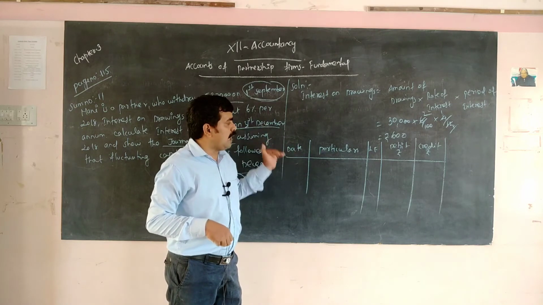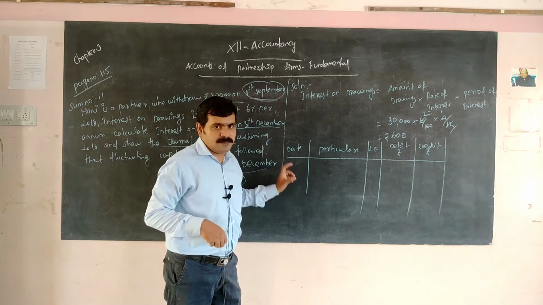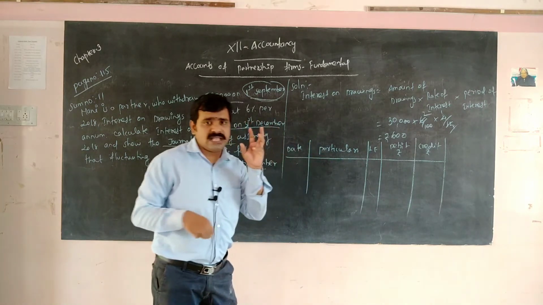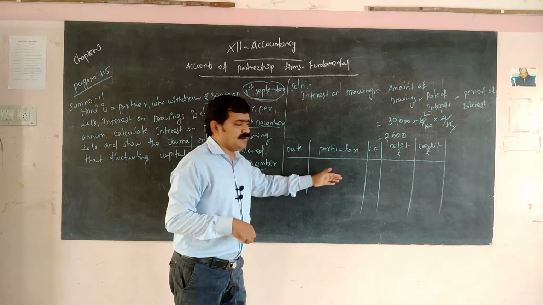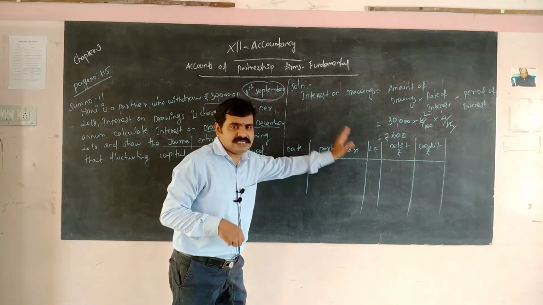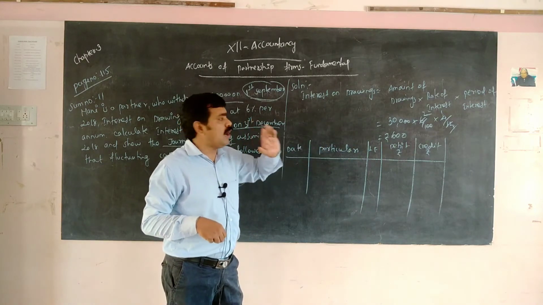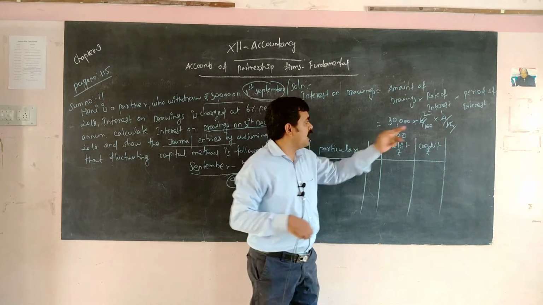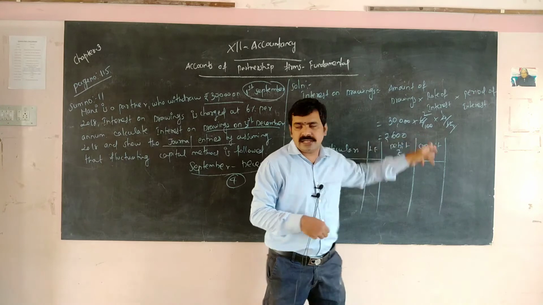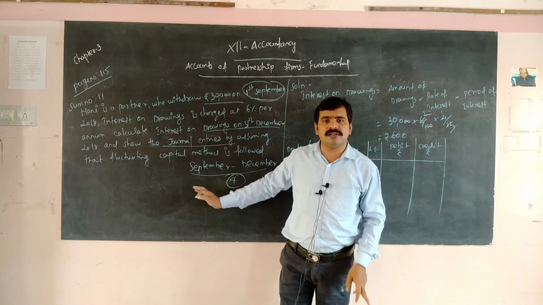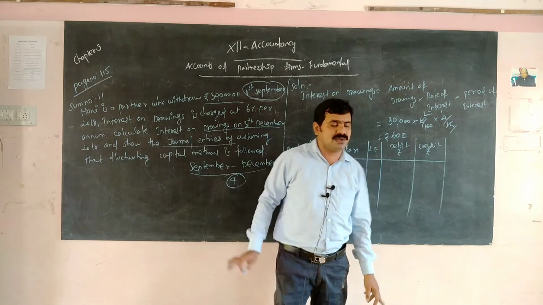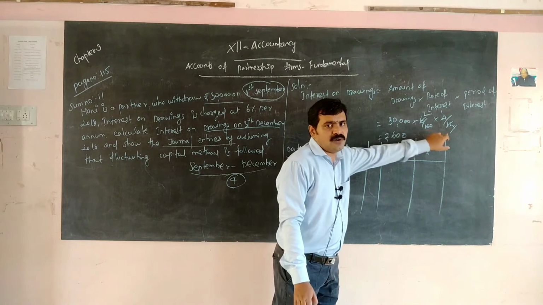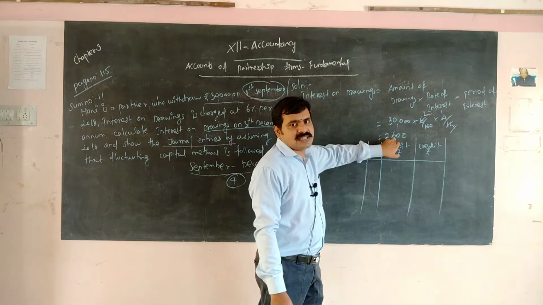So now what are you going to do? You are going to open the journal. What is the amount? It is 600. How did we calculate it? From 30,000 at 6%, then September to December, so 4 by 12. 30,000 into 6 by 100 into 4 by 12, the answer is 600.